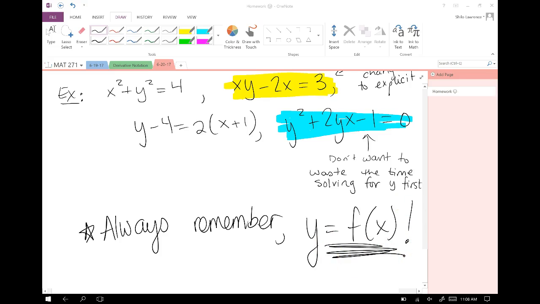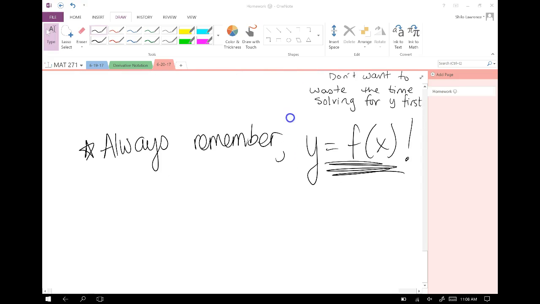So when we try to do the derivative and we see a y in the problem, we have to remember that it's technically a bunch of x's. And we have to treat it like a bunch of x's, and we need to do its derivative like it's a bunch of x's. So that's the trick for implicit differentiation.